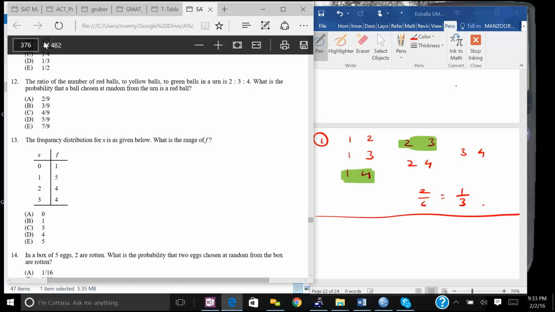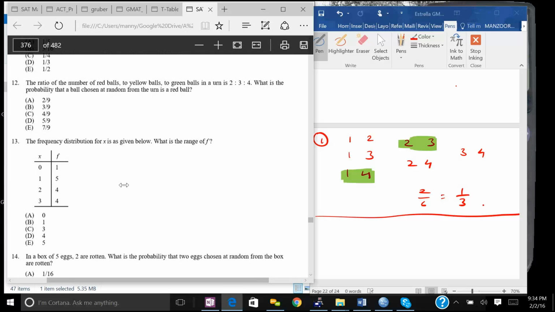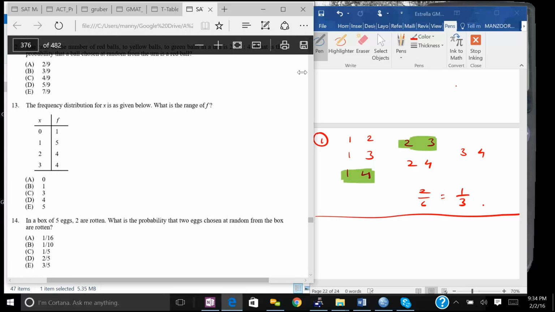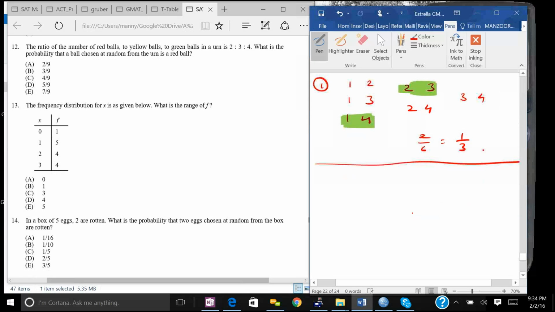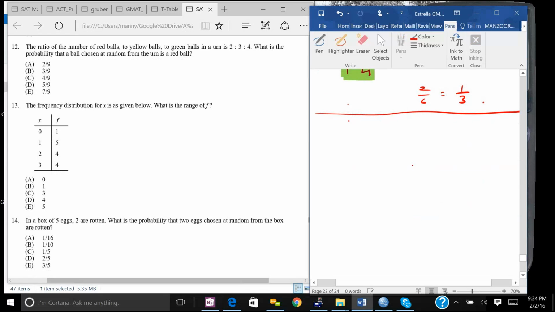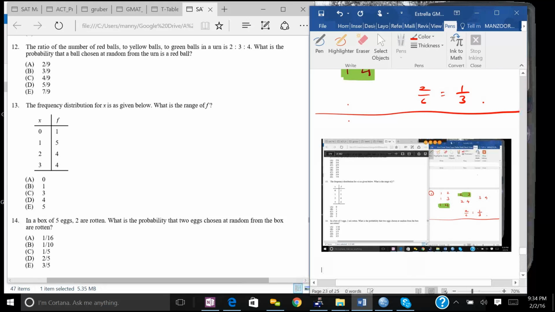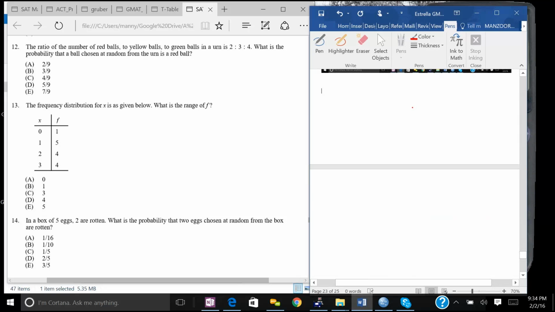Good job. Okay, how about 13? D. D as in dog?